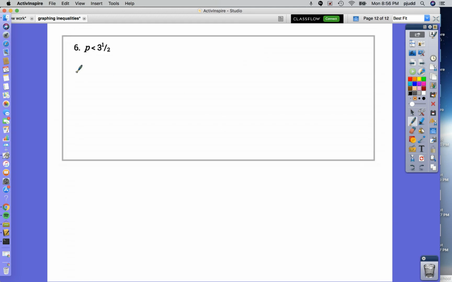And the last one, P is less than 3 1/2. Less than 3 1/2. So I know I need to put fractional amounts on this number line. So I'm going to put 4. And this is going to be the halfway mark. That's 3 1/2. There's 3. There's 2 1/2.